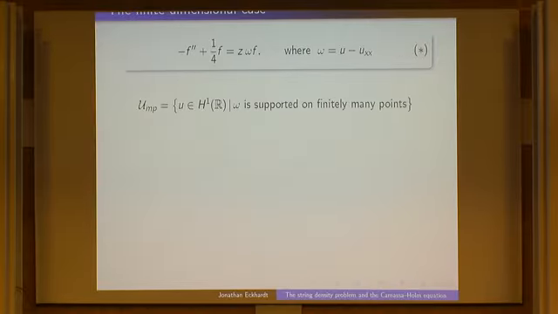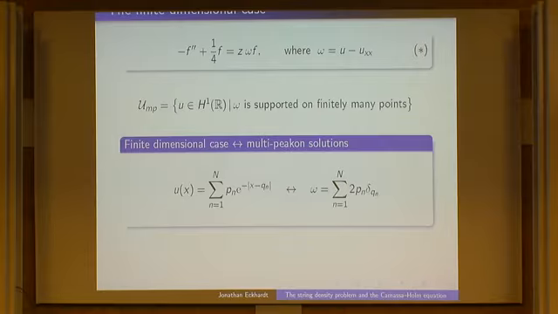Now I want to show you what happens in the finite dimensional case first. We consider this set of functions U for which this omega is supported on finitely many points. As I told you before, this corresponds exactly to the multi-Picon solutions, because when omega is supported on finitely many points, then U will look like this, and this is exactly the profile of your multi-Picon solutions. The phase space for the multi-Picon solutions is exactly this set U and P here.